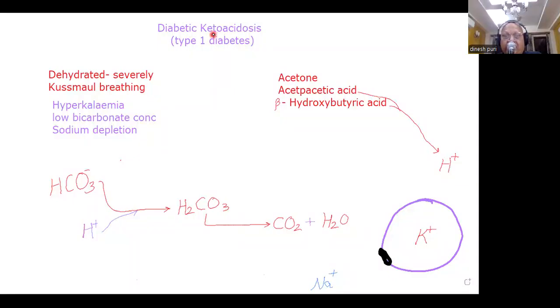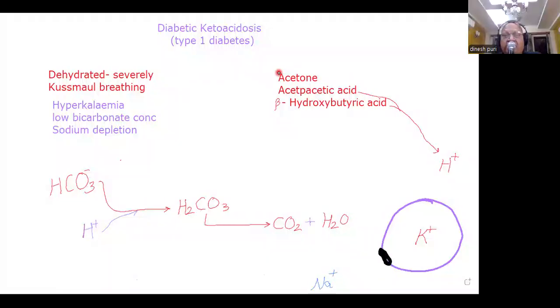In hospital emergency, your patient is dehydrated, severe dehydration is there. He's breathing heavily and deeply, the so-called Kussmaul breathing. Then hyperkalemia, high potassium concentration in the serum, low bicarbonate concentration, and there is sodium depletion in the body.